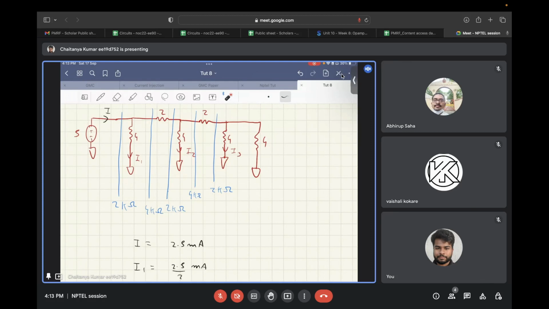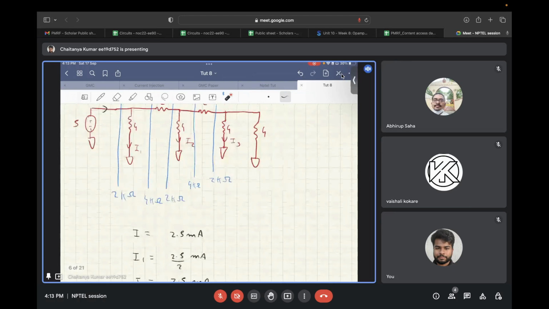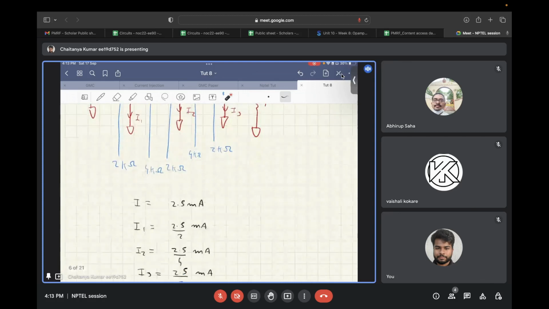This network will not be affected. So we have 2 kilo ohms looking in from here, then 2 plus 2, 4 kilo ohms, then again 4 kilo ohms in parallel. The series keeps on repeating. So you have 2 kilo ohms that this 5-volt voltage source is seeing. So the current I that flows is 2.5 milliamps.